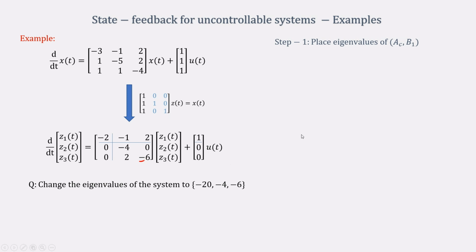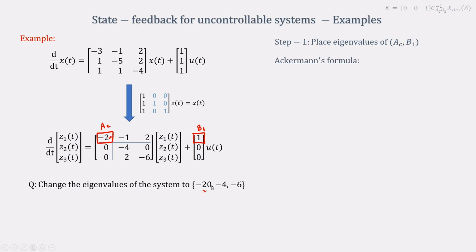Since I have already block triangularized it, it is already in the controllability canonical form, so I can just look at this part, which is AC, and this part, which is B1. I can take this smaller system AC and B1 and place the eigenvalue, changing it from -2 to -20.